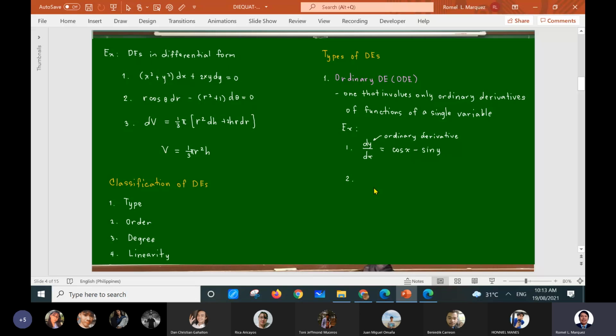This is also an ordinary differential equation in Newton's dot notation. There are three dots. Actually, when you use this notation, you are allowed a maximum of three dots only, meaning you are allowed this notation for up to the third derivative only, because it's not easy to count the number of dots if more.